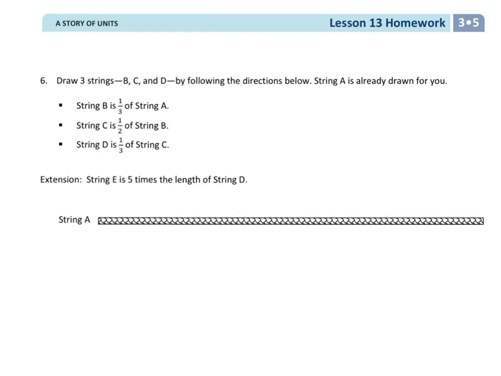So here's string A. I'm going to draw B next, and it says in this first bullet, B is 1/3 of string A. So I'm going to look and partition A into 3 parts, and I know I got to keep my starting point the same, but I'm going to go out to this because that's 1/3 of A. So there's B. Now, C says it's half of string B. So I'm going to come to B, and I'm going to draw a little dash right there to show where about halfway is.